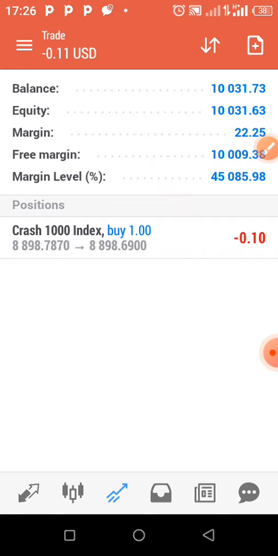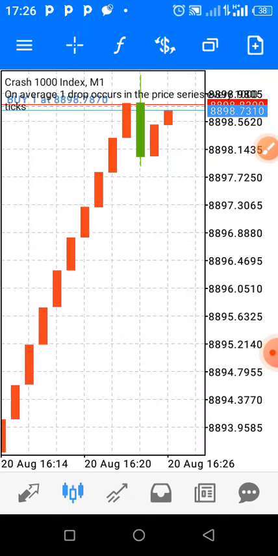Because we are placing a trade for buy, we are expecting it to go up, that's why we are placing buy. How do you place it again? You come to the plus at the top right of your screen.